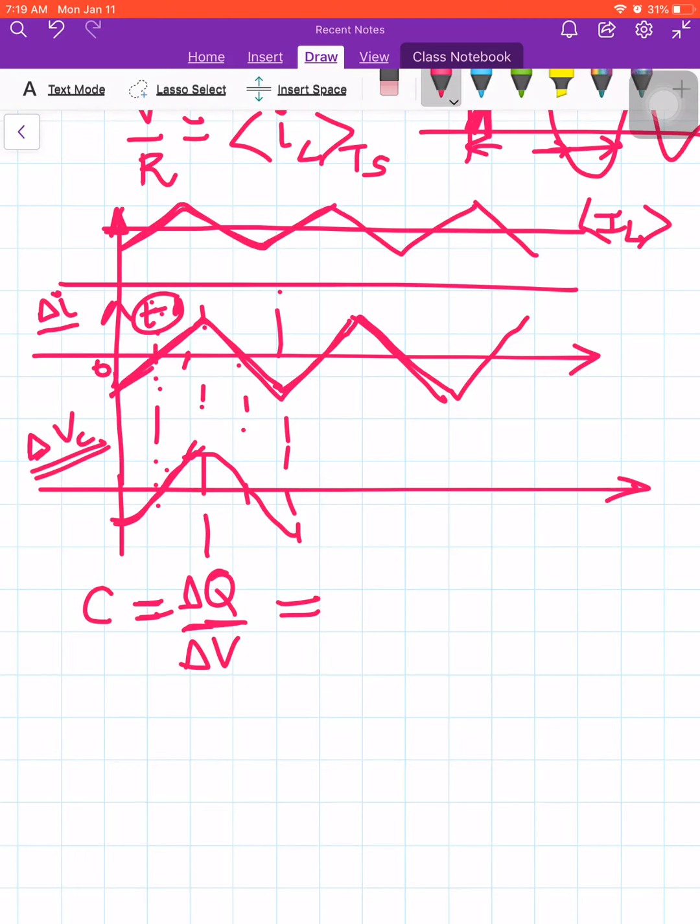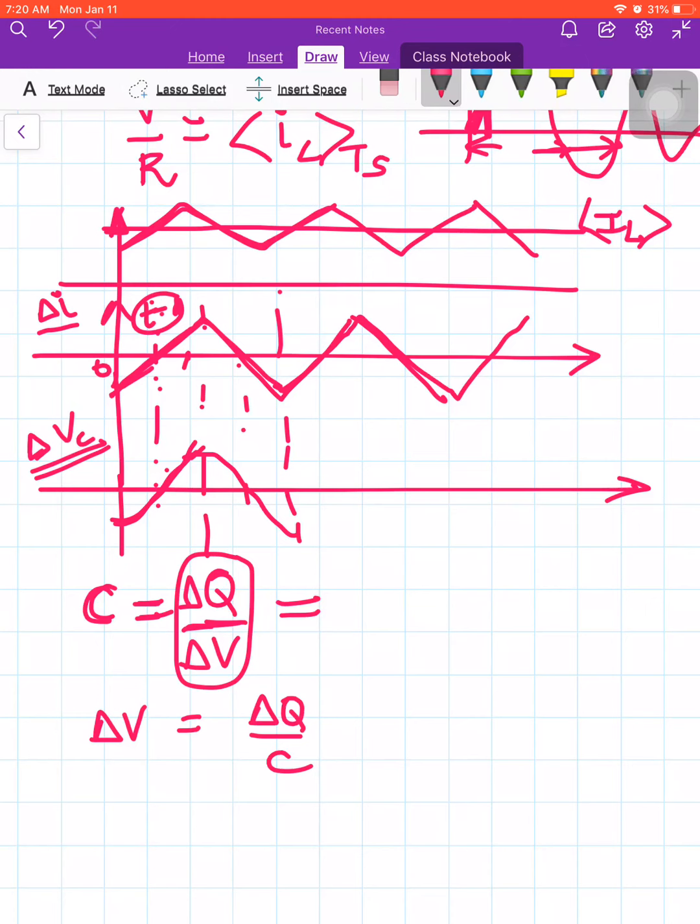If the capacitance is linear, the dynamic capacitance is equal to the static capacitance. So this is the dynamic capacitance we are talking about, and we know that this is equal to the capacitance. What is our objective? Our objective is to find the ripple voltage, that is equal to delta Q by C.